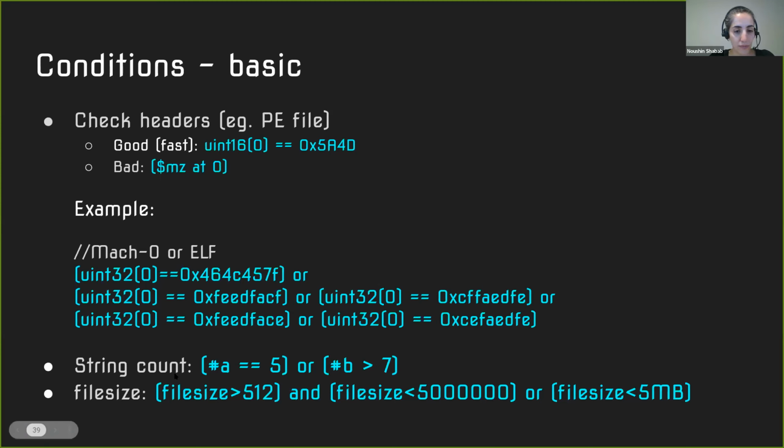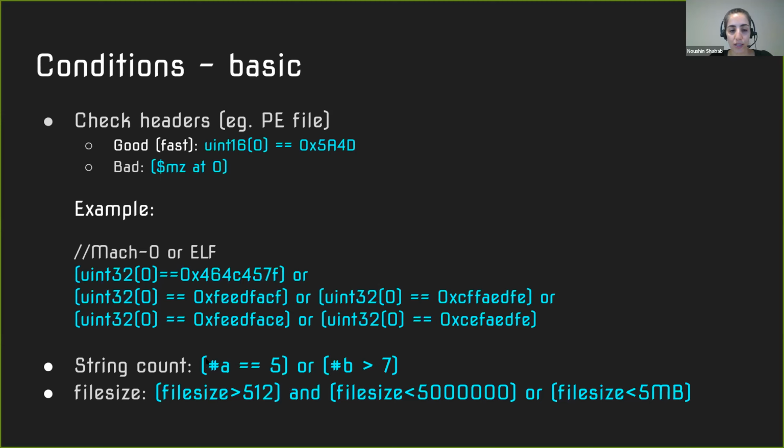Also, there is something else here that's actually quite useful in some cases. We have a string count, which is stored in a variable that is shown by the pound character here.